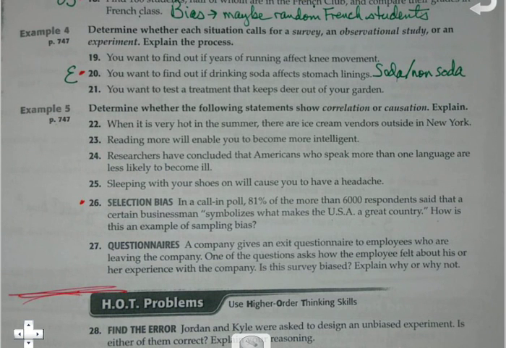So I've got this poll where people call in, and they're asking if this certain businessman symbolizes what makes the USA a great country. So 80% of them said yes. Why is that biased? Are they giving other options, or is it just yes or no? That could be something. Is it a yes/no question? Now, am I randomly polling people?